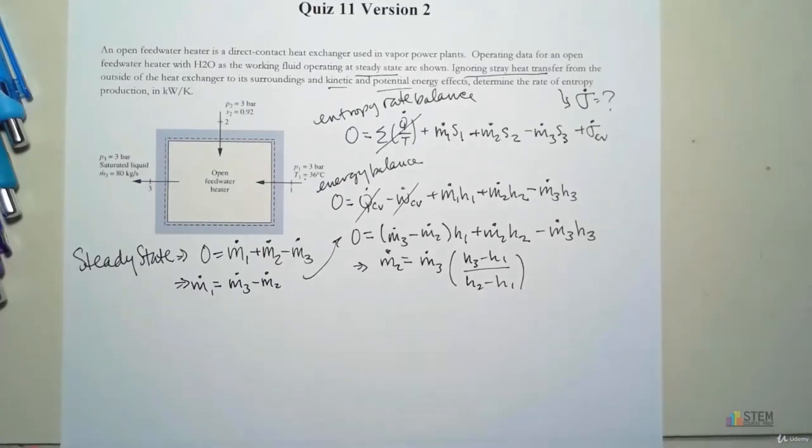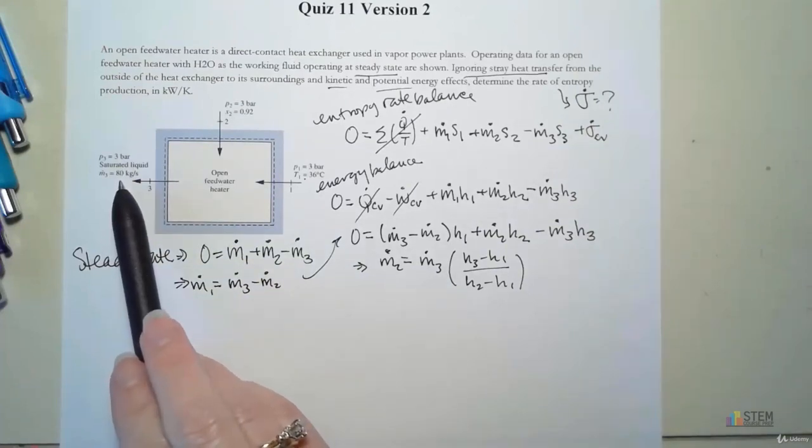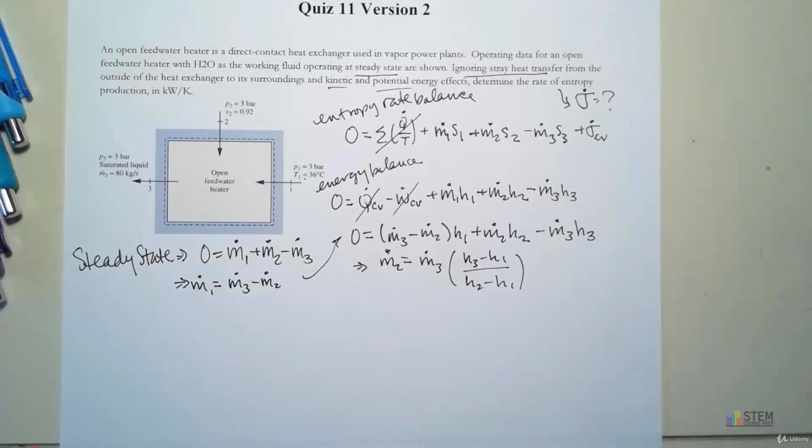Now at this point, if you'll notice, the reason why we worked towards this is because we were given m3 dot, in case you were wondering why in the world I decided to go in that path. So now we've got this 80 kilograms per second, that's given, but we don't have these h values. We need to find the h values.